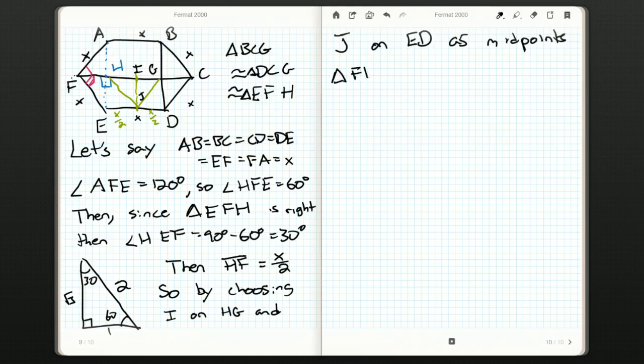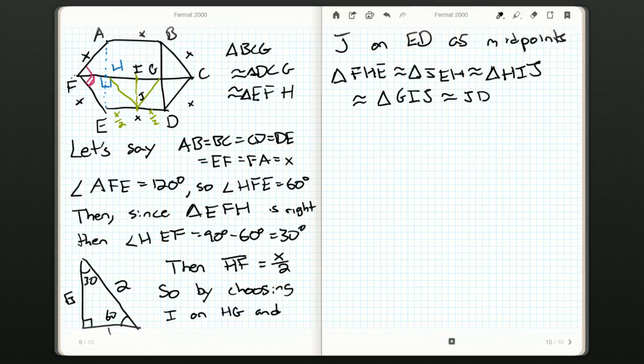So triangle FHE is then congruent to triangle JEH, congruent to triangle HIJ, which is congruent to triangle GIJ, and finally triangle JDG.